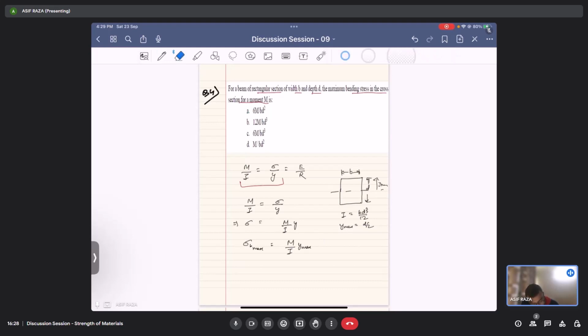Then we can substitute it here: M times BD cube by 12 and Y max is D by 2. If we solve it, it will come around 6M by BD square. So this is what we need, and consequently the correct answer would be option A, 6M upon BD square.